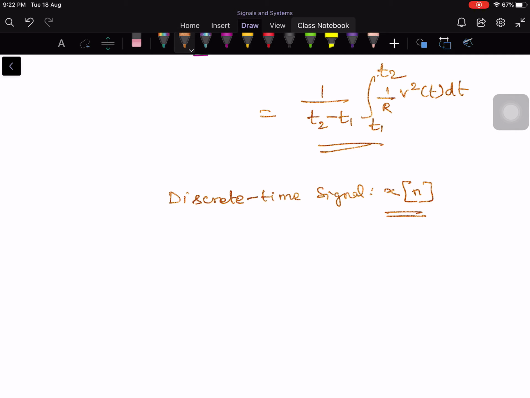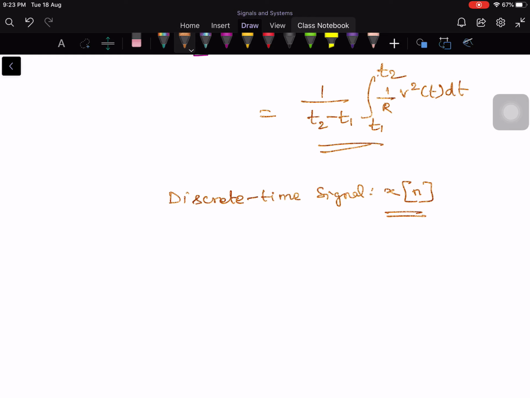Sometimes we may encounter complex valued signals. In that case we need to find the total energy over the time interval, because energy and power cannot be complex quantities, but the signal can be a complex signal. Therefore whenever you encounter a complex valued signal, you need to modify the definition slightly.